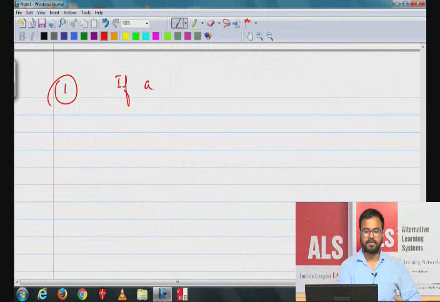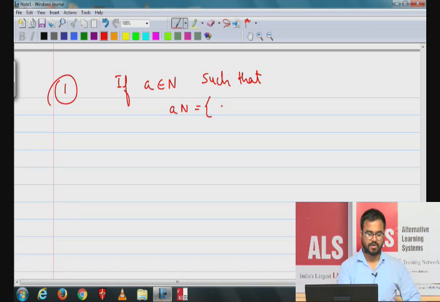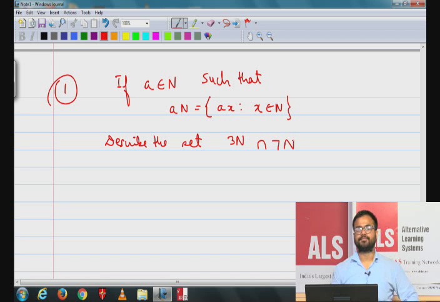Let's say A belongs to the natural numbers such that An is equal to the set of all Ax such that x belongs to N. So describe the set 3n intersection 7n.